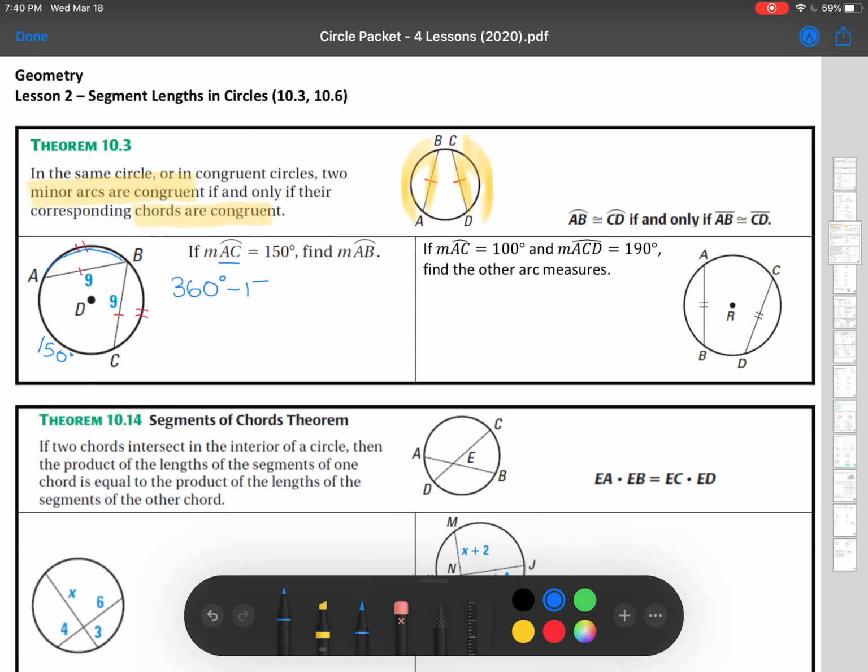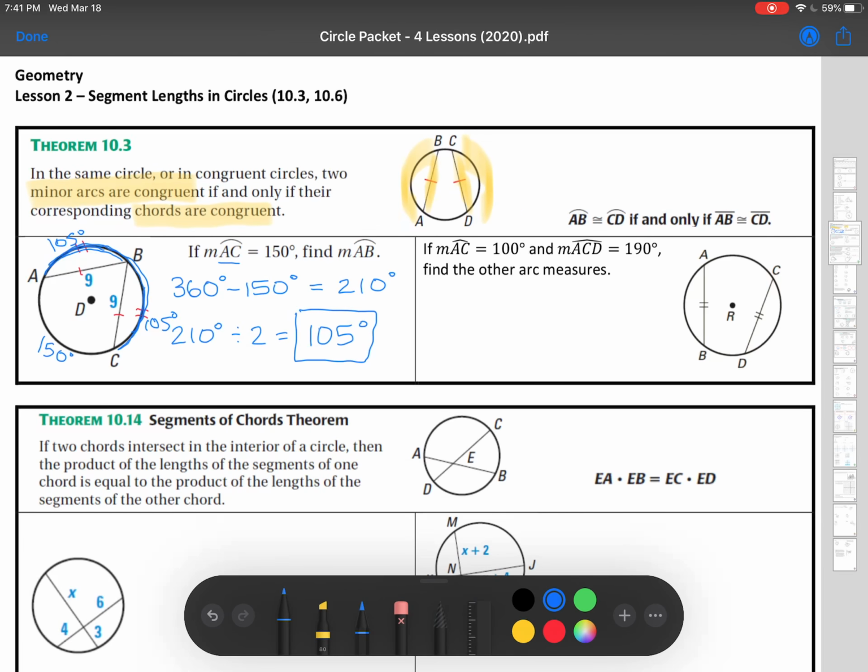We've already used up 150, which leaves us with 210 degrees for this major arc. If that's split into two congruent arcs, then I just take the 210, divide by 2. So each of those arcs would be 105 degrees. That would be the measure of arc AB. And you can always go back and check, make sure all of those add up to 360.